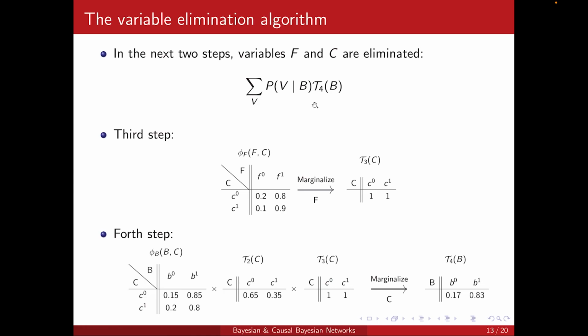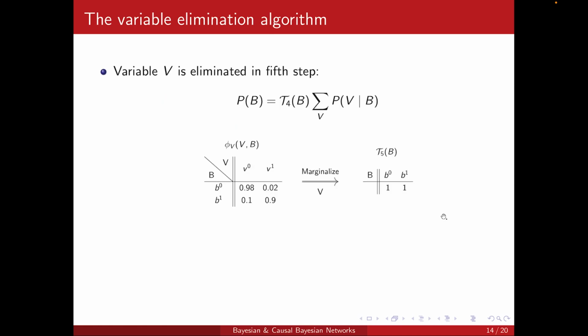So the final step is now to take out V from here, and this again we can write down in this way. Now again, note that tau 4 of B can be pushed out of the summation because it doesn't depend on V, and this again makes this summation equal to 1. We already saw that in the beginning, right?